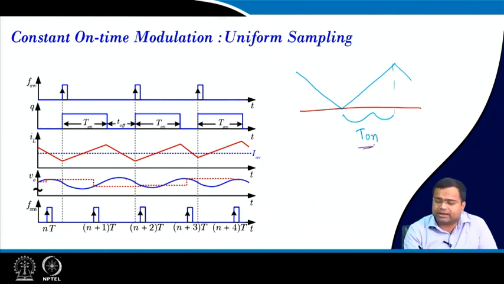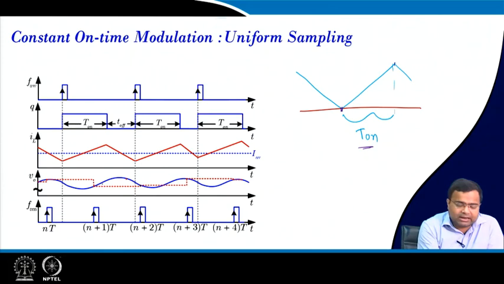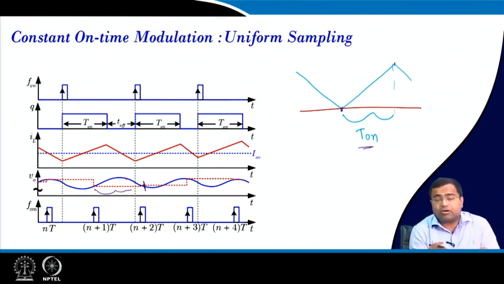Where should we take it? We can take the sample here or here. If you use uniform sampling, then you can see this is the interval, and here it is sampling here. So sometimes it is sampling at the on time, sometimes at the off time, so the duration between the sampling point and the switching point is varying.